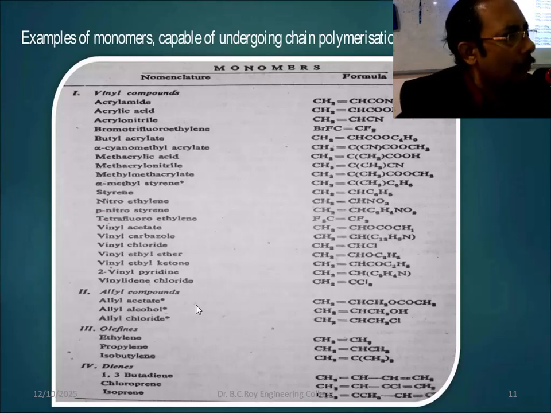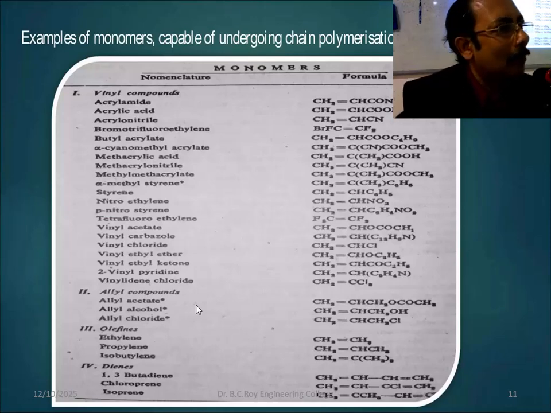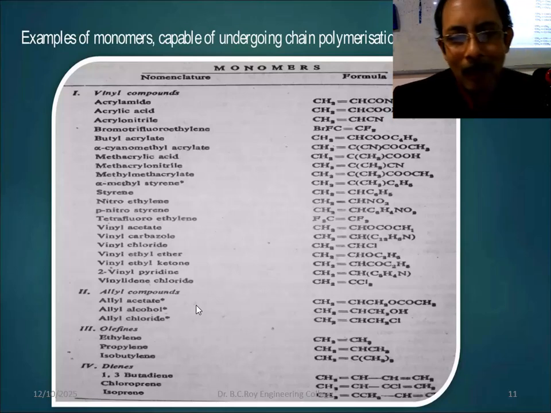Molecules get added one after another, just like fabrication: one joint, then a second joint, then a third, joining one by one and forming a chain.